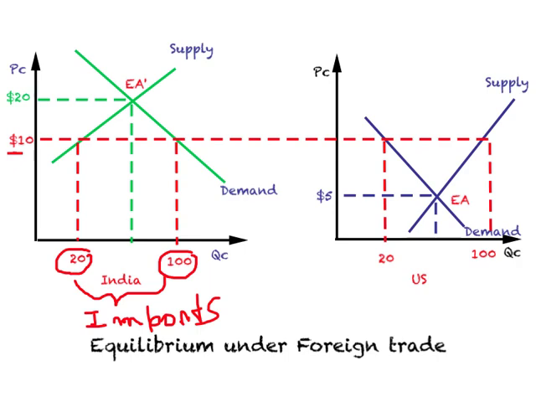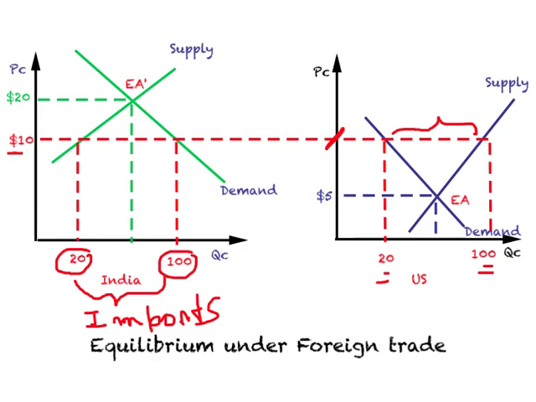And at this price of $10, what is happening in the US market? You have a surplus at $10. And what is the extent of surplus? Supply is 100 at a price of $10 and the demand is 20 units at a price of $10 in the US.